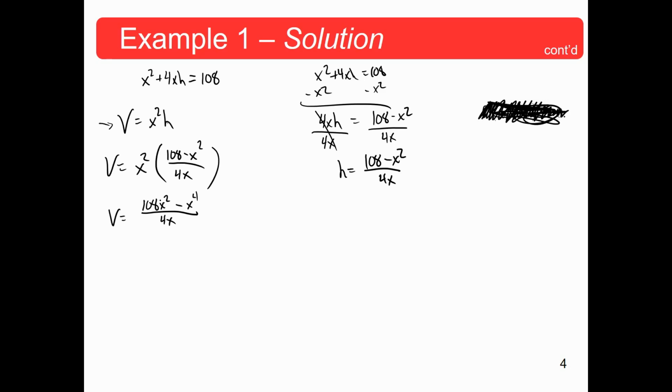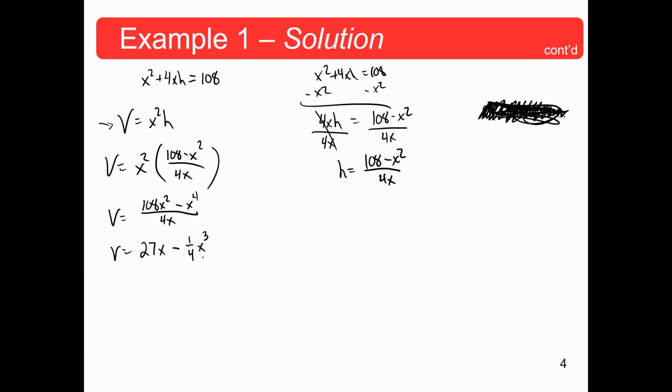Now I can simplify this and separate it into two separate fractions. 108 divided by 4 gives me 27. X squared divided by x gives me x. Minus 1 divided by 4 is 1/4. X to the 4th divided by x is x cubed.